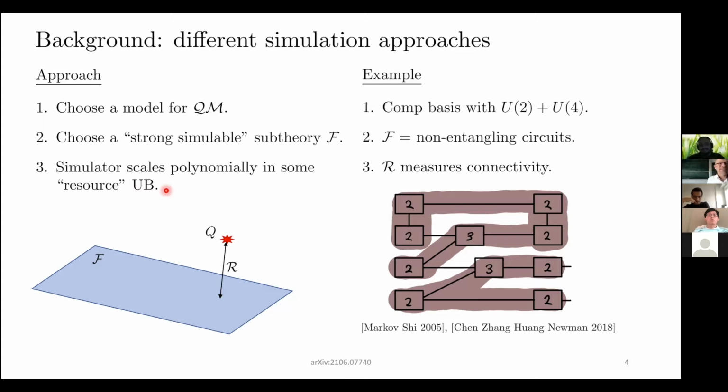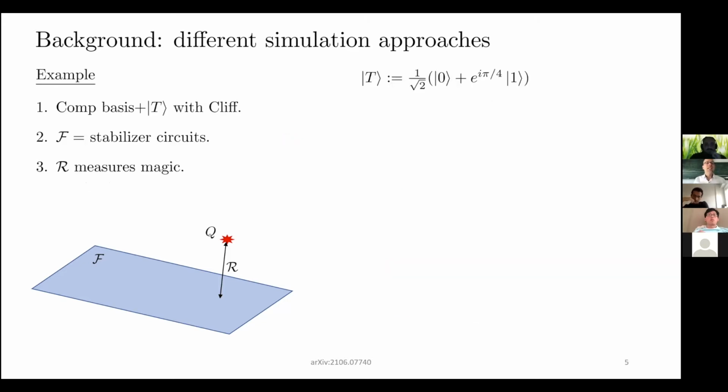Okay, wonderful. Thanks. Okay, so now I want to move on to an example that's going to be much more relevant for this talk. But I just want to have that framework in mind. So in this example, we start in a computational basis state, but we add to this computational basis state a plentiful supply of magic states, these T states that are defined up here.